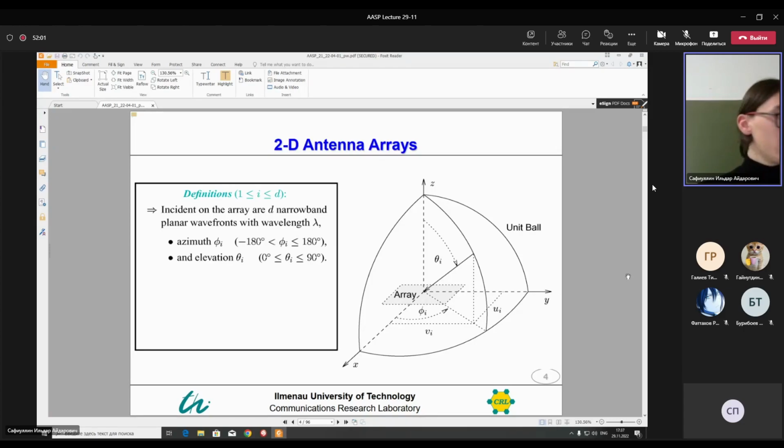And another angle, we will call it the co-elevation angle, theta subscript i, which is between 0 and pi over 2. And it is the angle between the xy plane and the z axis.